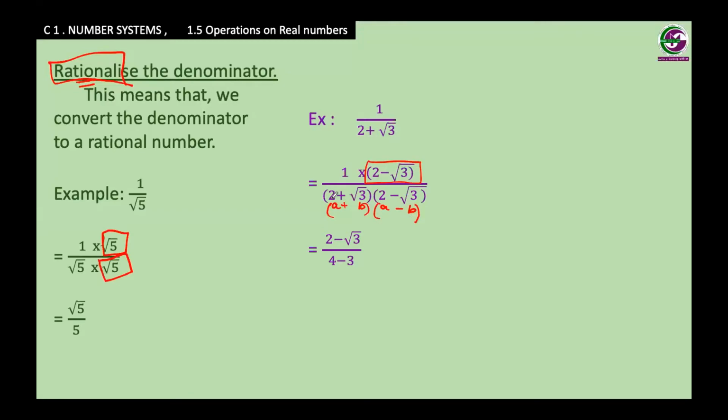A square means 2 square, 4, minus b square. Square root 3 square is root 3 square. Root 3 and square get cancelled, so we get 3. Okay, so here we have 2 minus root 3 divided by 4 minus 3, which is 1. 2 minus root 3 divided by 1, we don't have to write it over 1.